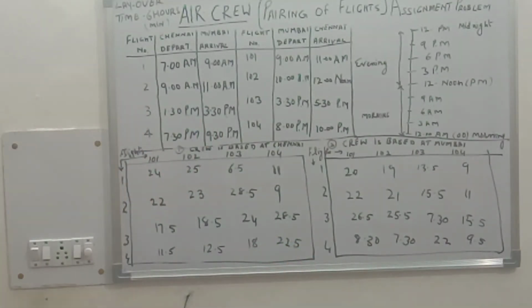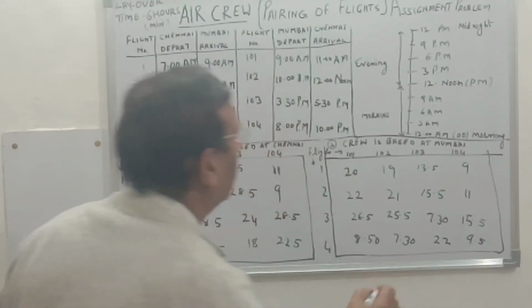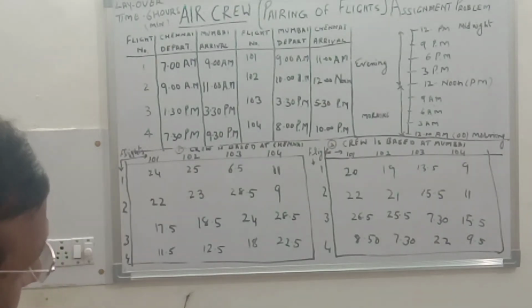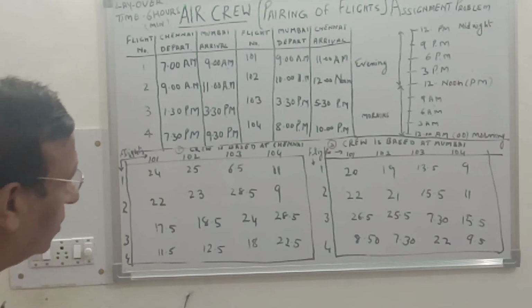And in the second table, it is 10, 22, 16, 26.5, 8.5. This is not 0.3, it is 0.5. 19, 21, 25.5, 7.5, 13.5, 15.5, 20. Here it is wrong, 20.